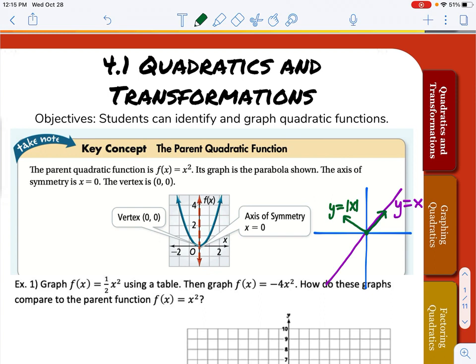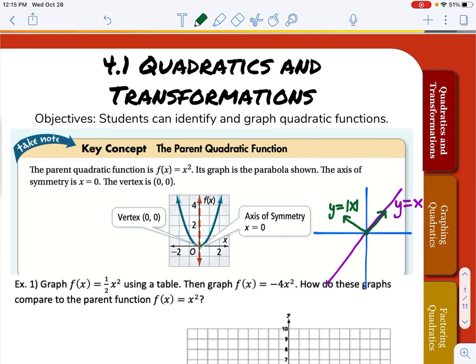We also have a parent function now for the graph of a quadratic, and this is y equals x squared. And that is the graph of this parabola that's shown.